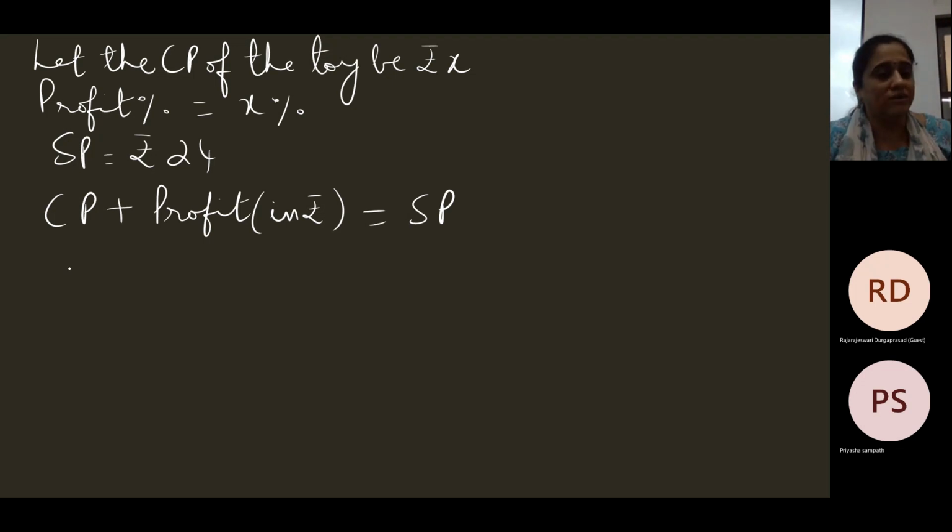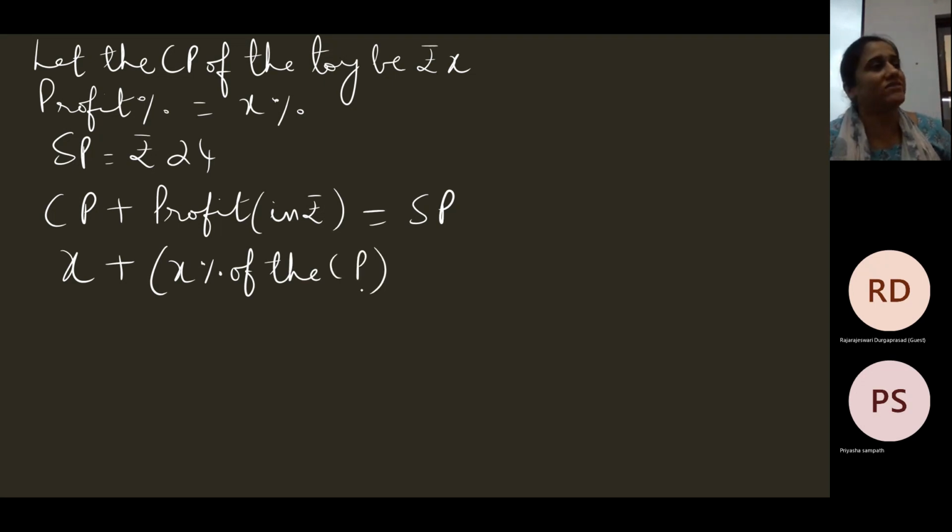Now, what is the CP in rupees? X. Plus, how will you find the profit in rupees? Profit as a percentage is X%. How do you find it? It is X% of the CP. If profit is given as a percentage, how do you find it in rupees?